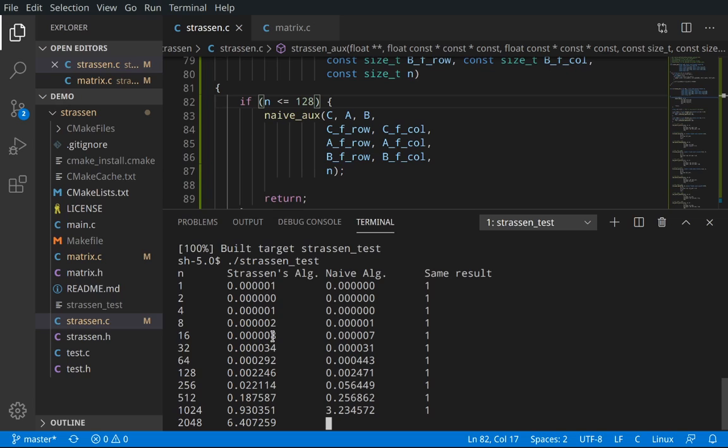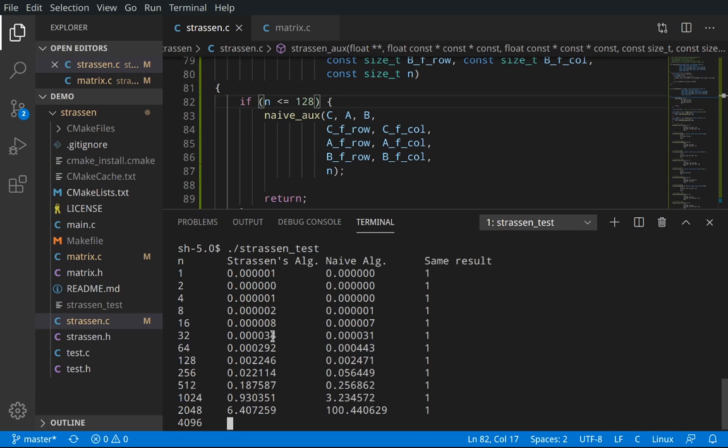Oh, by the way, as you can see here, we have a huge improvement, an improvement of more than 10 times in execution time of the Strassen algorithm implementation we did with respect to the naive one for matrices whose size is 2000. And you will see that if you let the code go on, of course the difference will increase.